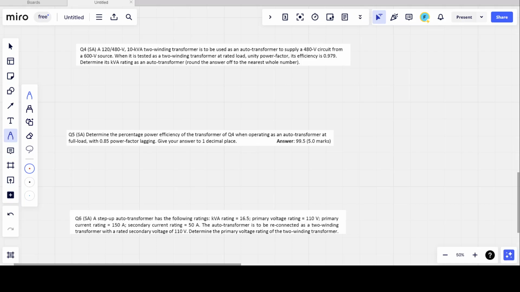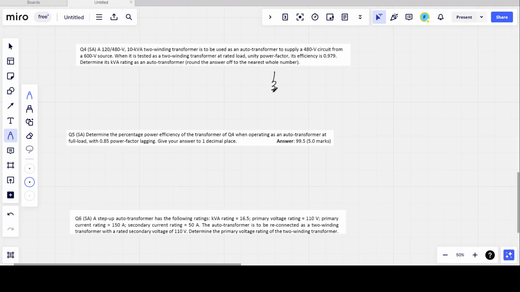Okay, we're back to solve the next problem. The problem that is given to us now is question number 4. A 120/480 volt, 10 kVA two winding transformer is to be used as an auto transformer to supply 480. So this is the two winding one.